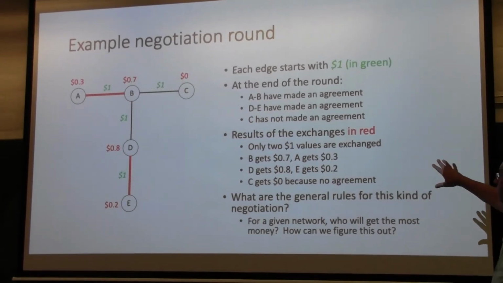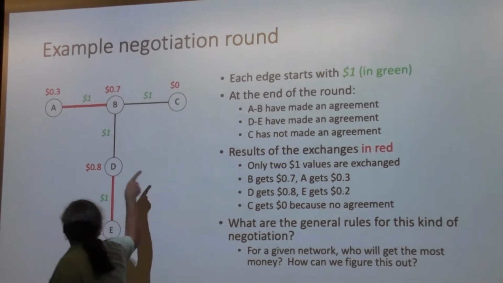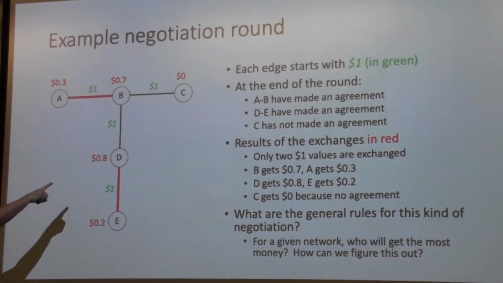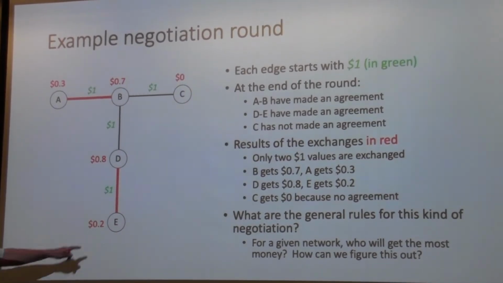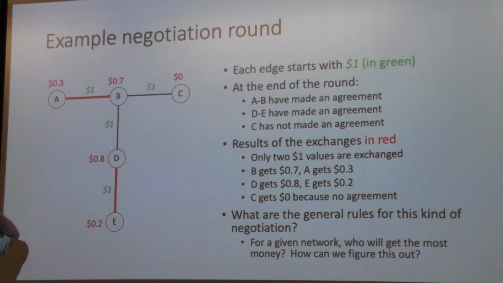This is a simple example where you have 5 people, B knows 3, and A, C, D, and E know less. E, C, and A only know 1 person, and D knows 2. We define a simple formal model. On each edge there is $1, or €1, or it could be 1 million euros. It might be a house, for example.